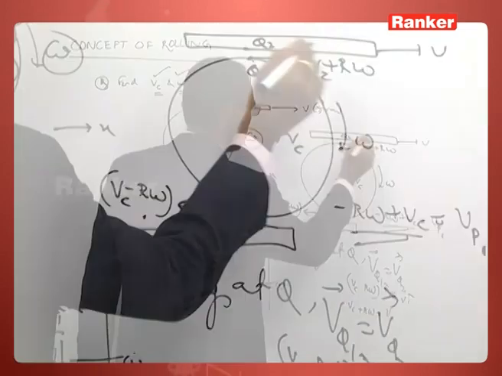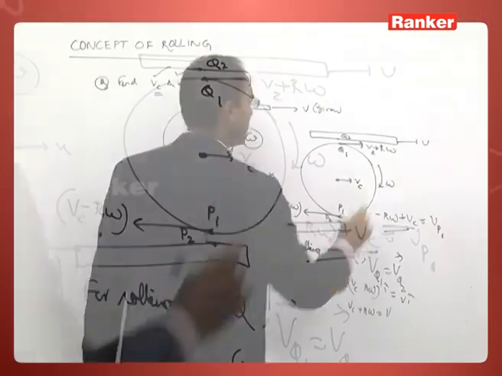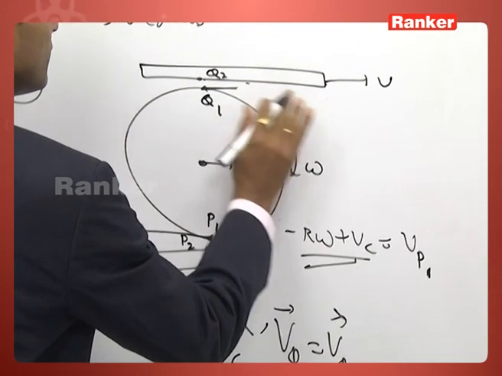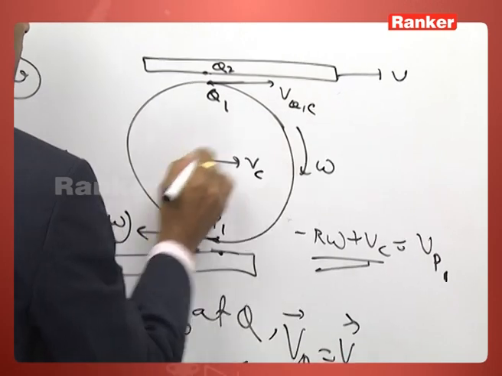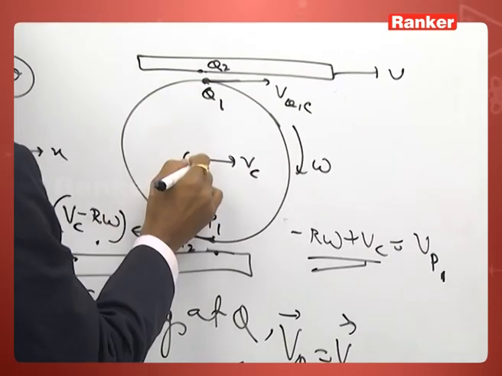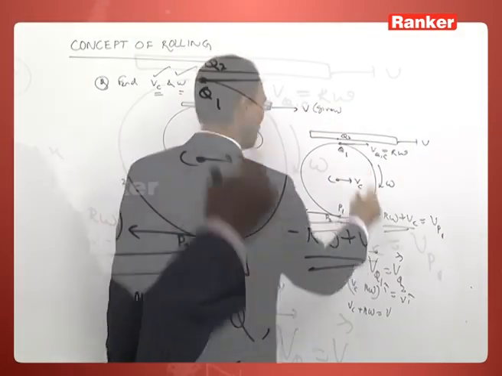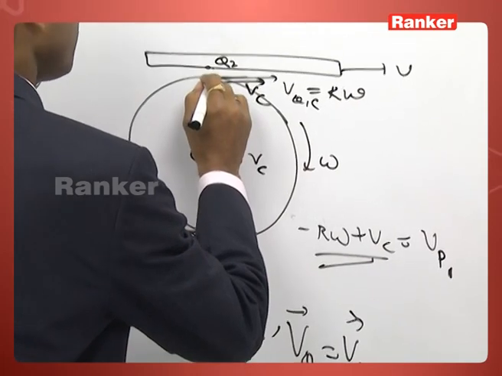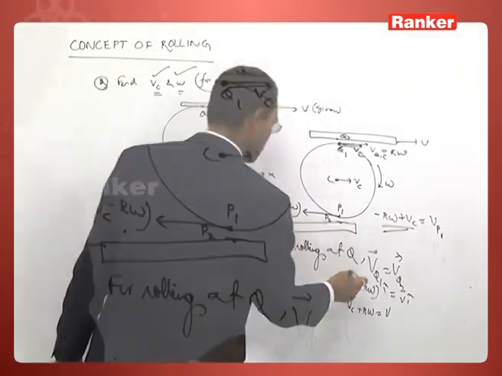And for this point Q1, Vc is in this direction and R omega is in same direction, because this point moves with respect to C in this direction, that's R omega, and you have to add velocity of the center of mass also. So the total velocity of this point Q1 will be equal to Vc plus R omega.